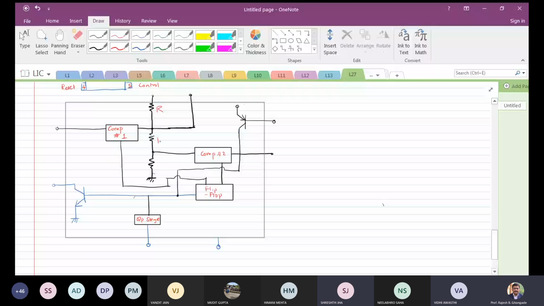Sir, the screen has frozen. It's not frozen. One sec. That's frozen, sir. Okay. Is it visible now? Sir, it's visible, but in that frozen state only.